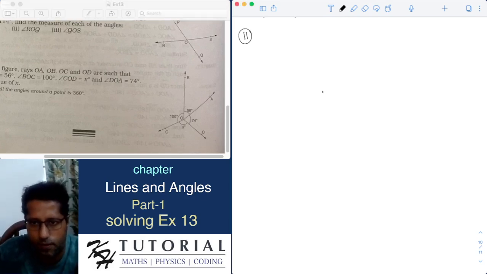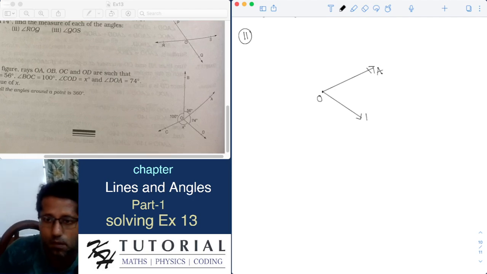So the figure given is, we have this ray OA, and we have this ray OD, and we have this ray OB, and we have this ray OC.